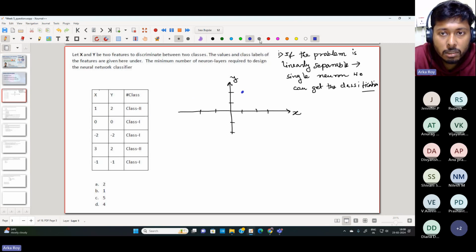Then 0, 0 is class 1 over here. Then you have -2, -2. Then you have -1, 1. And the last one is 3, 2. So 3, 2 over here.